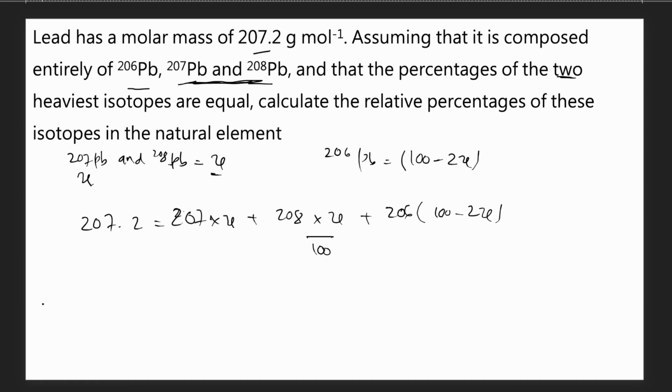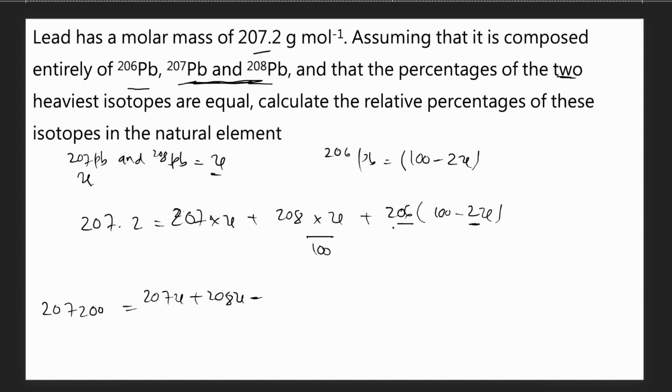So this will be 20,720 equals 207x plus 208x minus 412x plus 20,600.